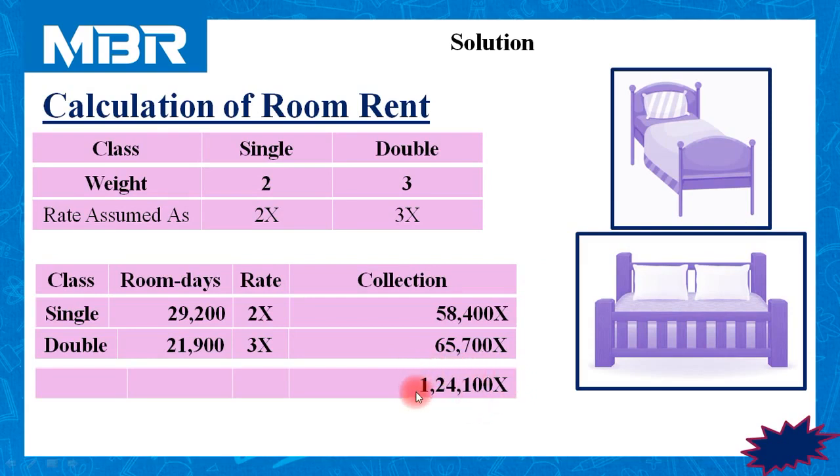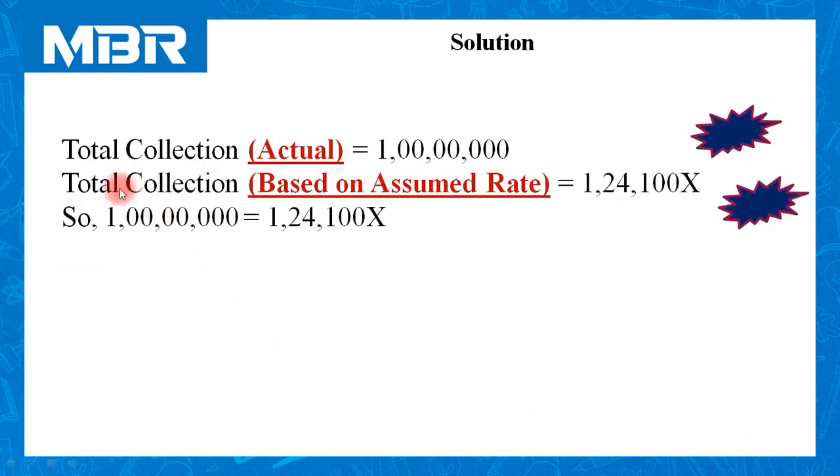For this amount of rupees 1,24,100x, as we know, both these items are equal because both are referred to as total collection.